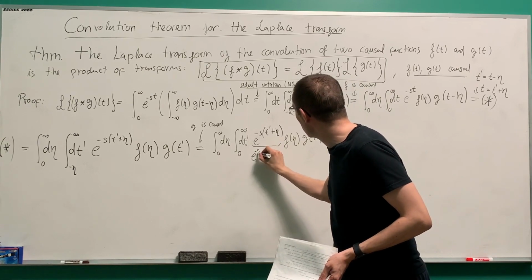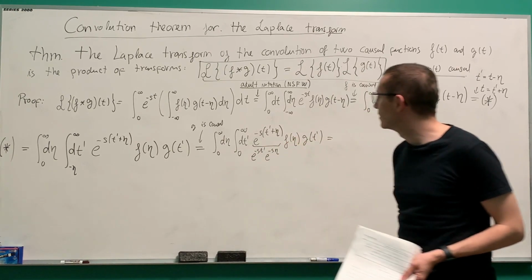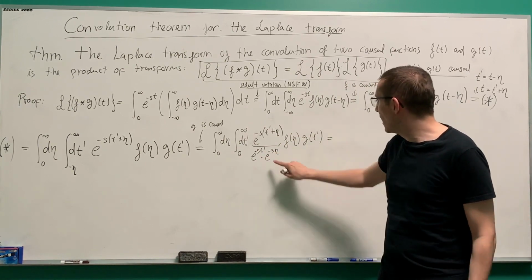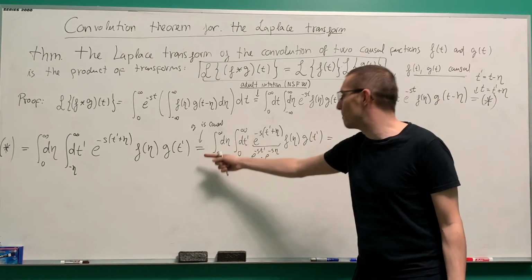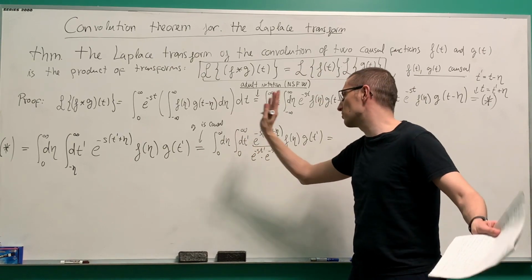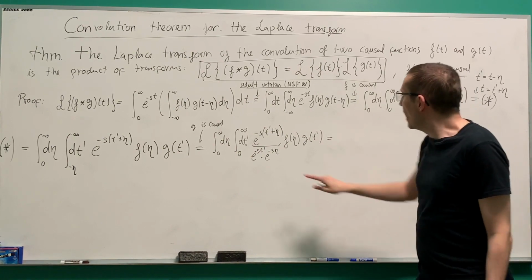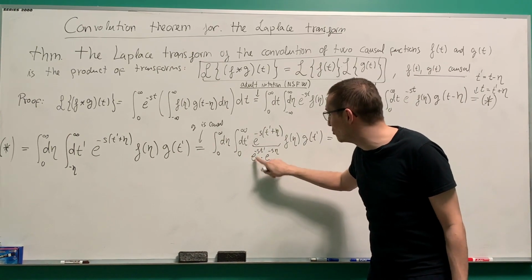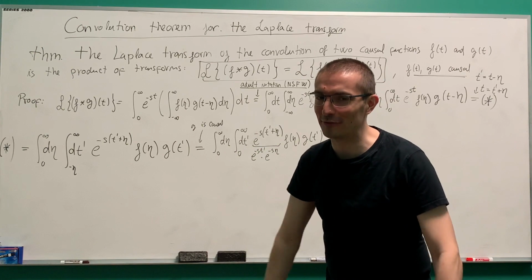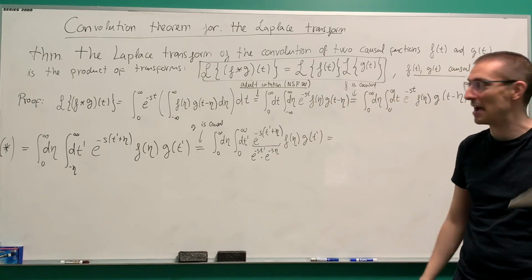This is e to the minus s t prime times e to the minus s eta. It's a product of two things. The e to the minus s eta can also jump. It's like, okay, I want to get out. Oh, I'm an integral. Oh, okay, you're not a function of t prime. You can pass. Right. If this exponential tries to jump, this is going to say, oh, you stay here. You have to be integrated because you're a function of t prime. But if you're not a function of t prime, you can pass.